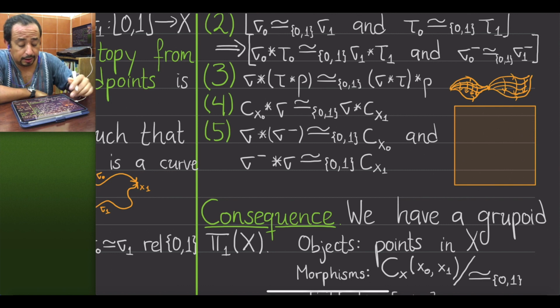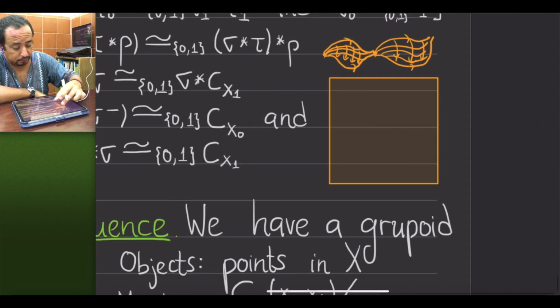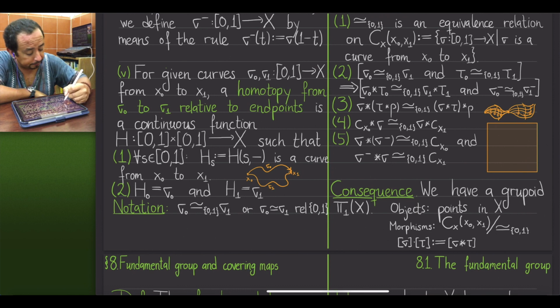I said that the first coordinate is the time, so the horizontal coordinate is the time, and the vertical direction gives me the curves. So you see, schematically, I have sigma here, and then here tau, and here rho.